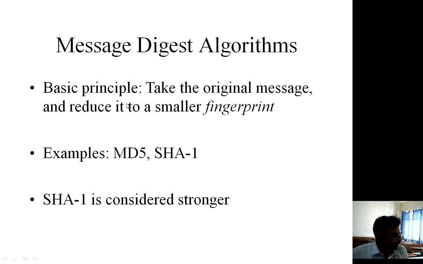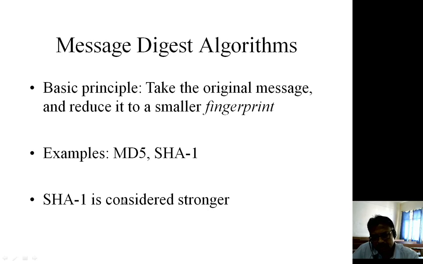So, basically it is called the fingerprint of the message, and that is why we apply the message digest algorithm to find the message digest. We have two algorithms for that. One is MD5, that is message digest 5th version, and then we have the secure hash algorithm, that is the first version.